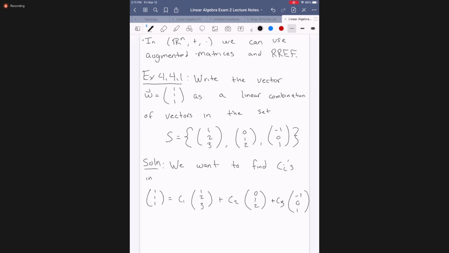This is the definition of linear combination. We want to find constants c1, c2, c3 that make this true. But if you remember, for vectors in Rn, I gave a theorem in chapter 2 or so of equivalent forms of linear systems. One of them was actually this form. So we can use the augmented form.